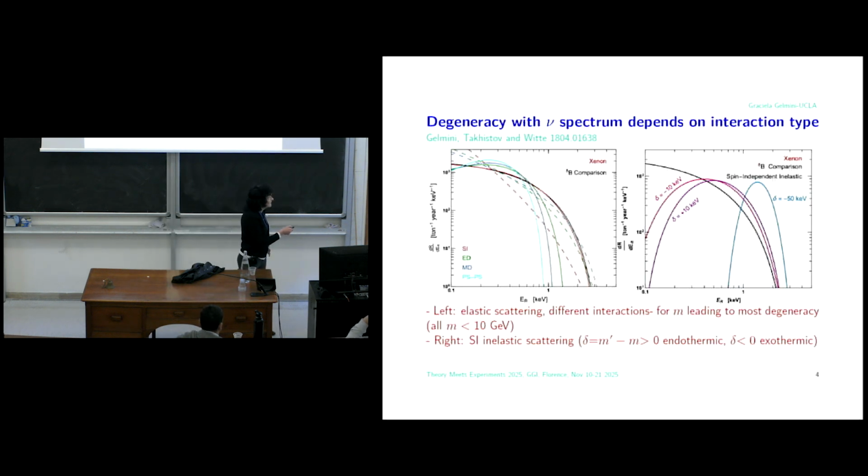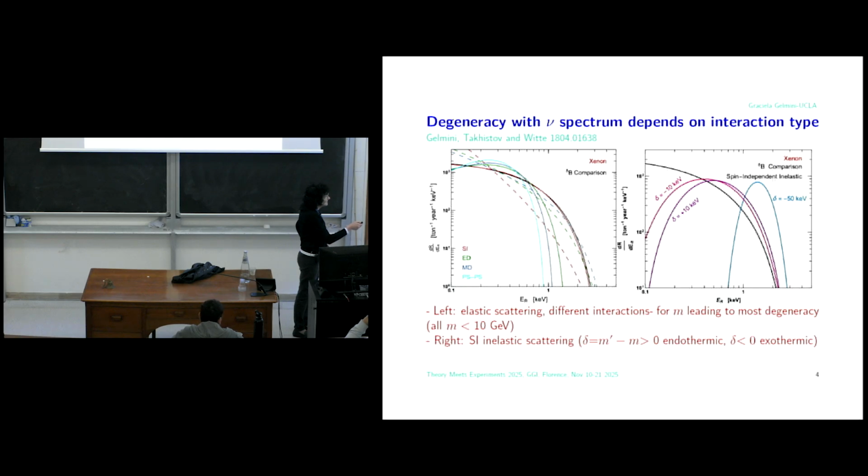Now, if you are extremely unlucky, here it's a bit of a busy plot, but in any case, here there is a black line, which is the boron-8. And there is another line that is red. This is SI.